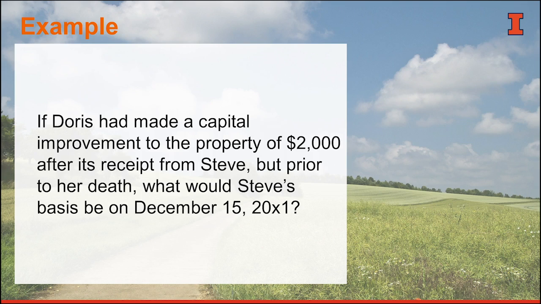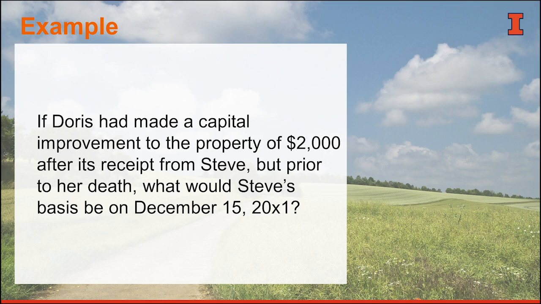Finally, a little bit of a twist. What if Doris made a capital improvement to the property of $2,000 after its receipt from Steve, but prior to her death? What would Steve's basis be on December 15th, 20X1, when he received the land back from Doris? Well, like before, under the 1-year exception, the $6,000 basis in the land he gave to Doris would carry right back.